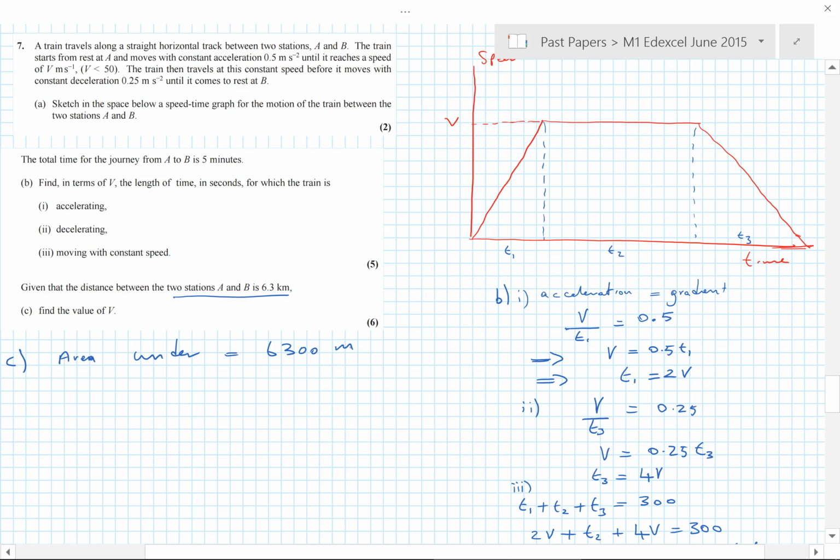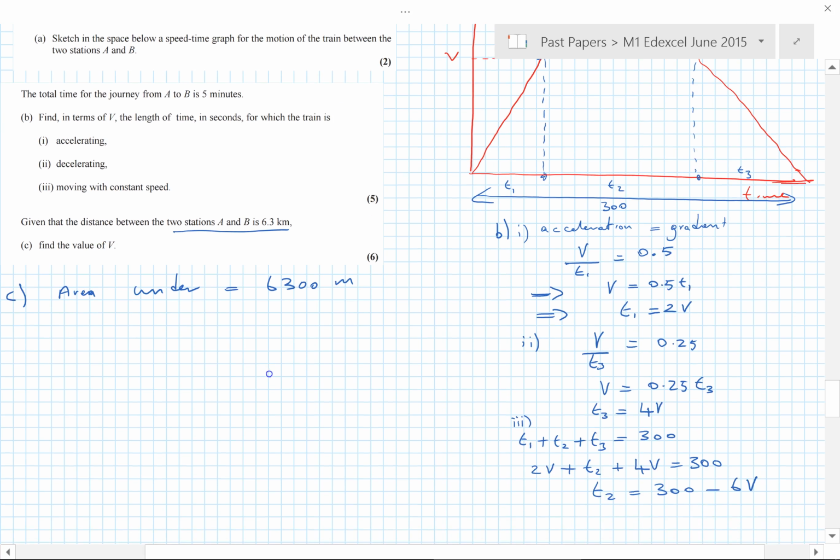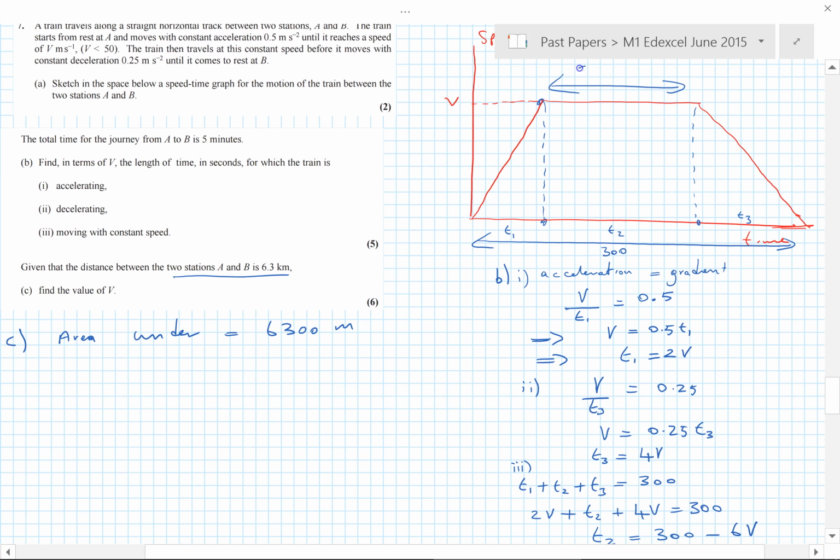Now we might be tempted to consider each individual triangle and the rectangle, but it's actually easier to work out the trapezium, because we already know that this length here is equal to 300, because it's the total time taken. We know that this length here is 300 minus 6V.